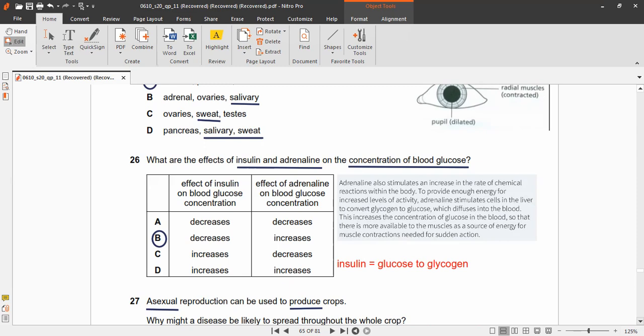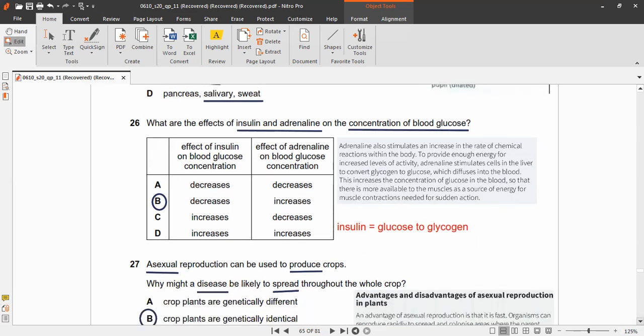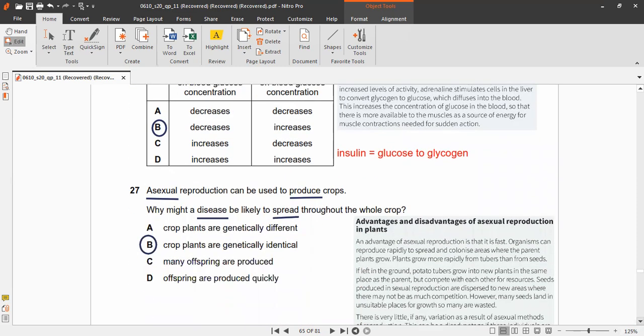But that is not needed for insulin, because insulin converts glucose into glycogen. But here we need glycogen to convert to glucose. Here the effect of insulin on blood glucose concentration is a decrease, but adrenaline an increase.